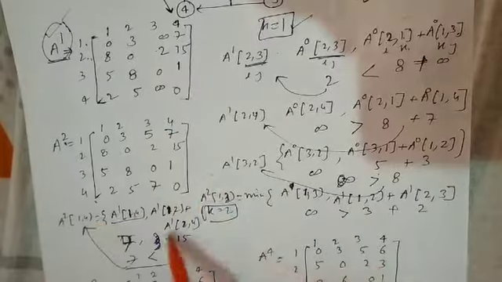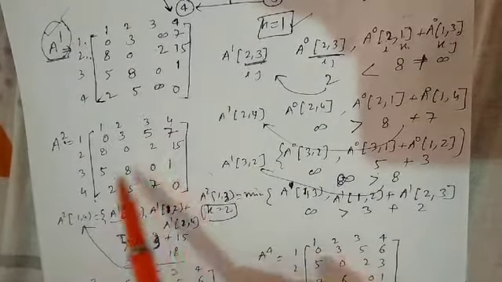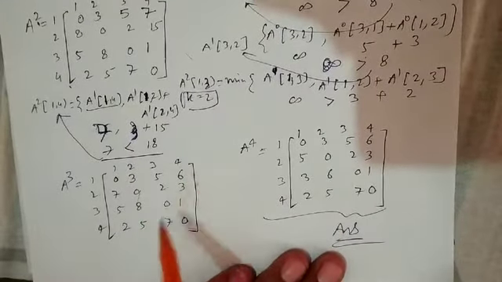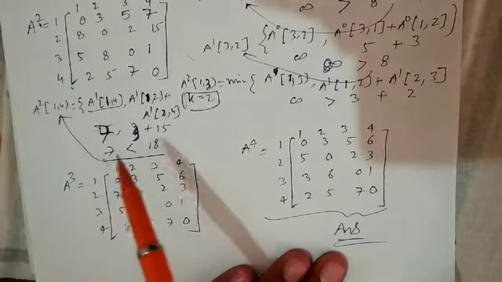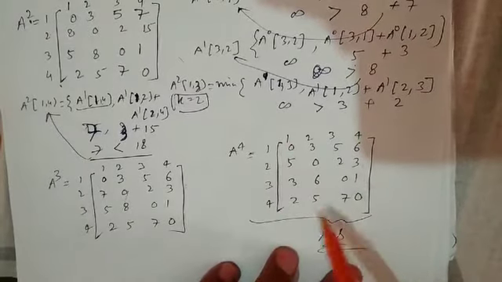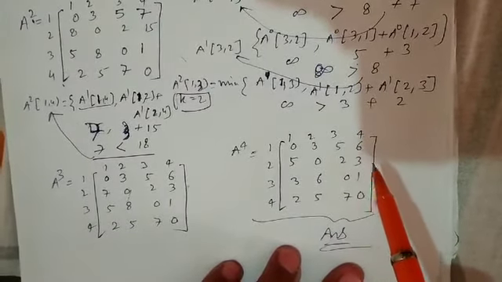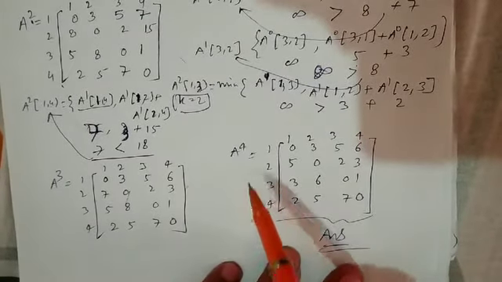Now this matrix keeps all the shortest paths passing through either 1 or 2. Similarly this matrix keeps all the shortest paths passing through node 1, node 2 or node 3. Now this final matrix keeps the shortest paths passing through node 1, node 2, node 3 or node 4.